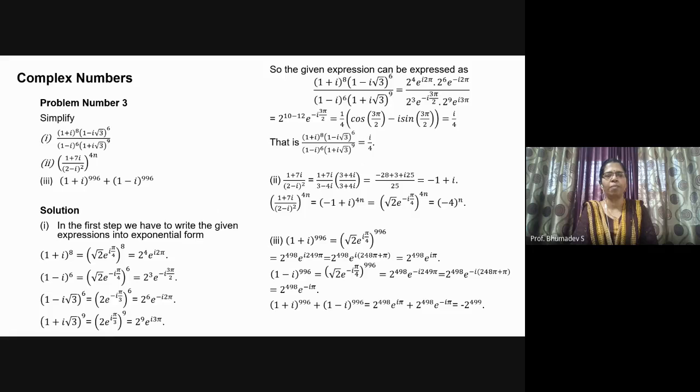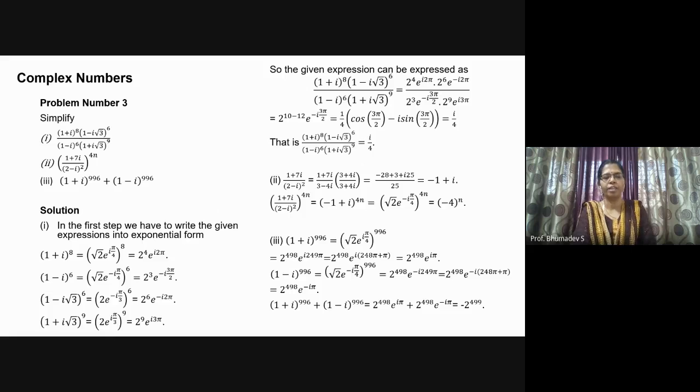The same way, 1 minus i to the power of 6 should be taken in the form of exponential. Then we are getting 2 to the power of 3 e raised to minus i 3 pi by 2 as the expression for 1 minus i the whole power 6.